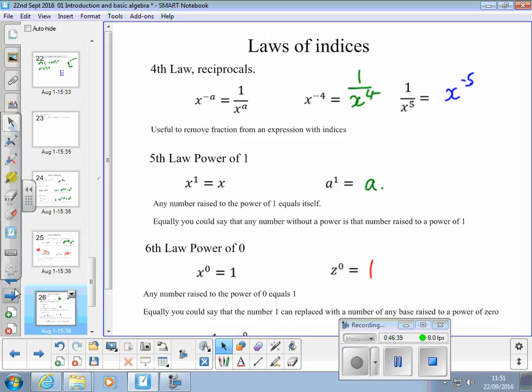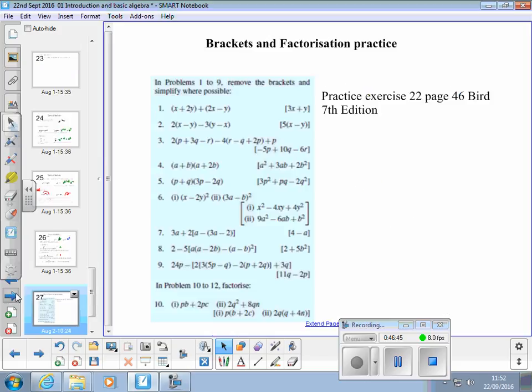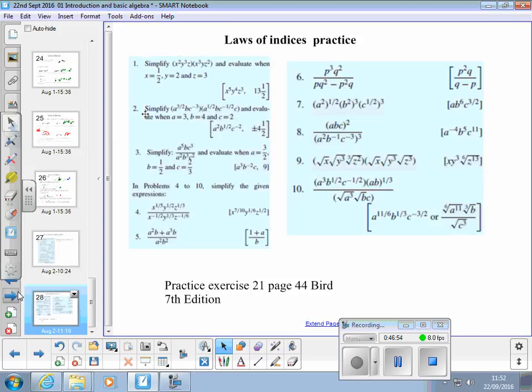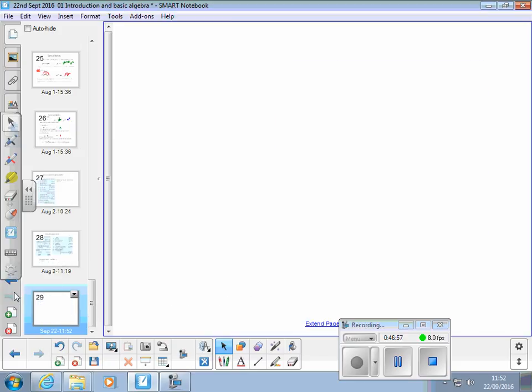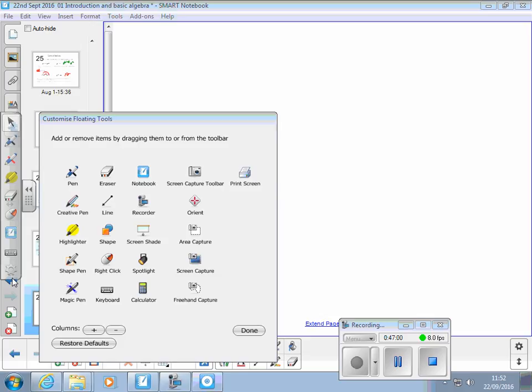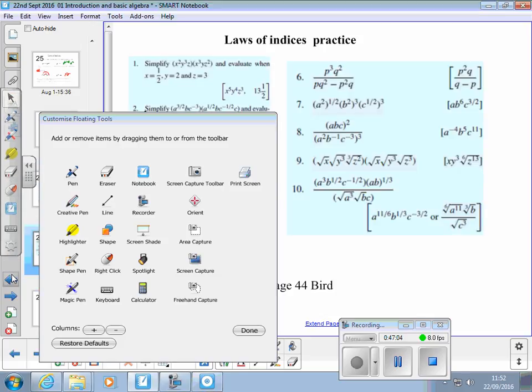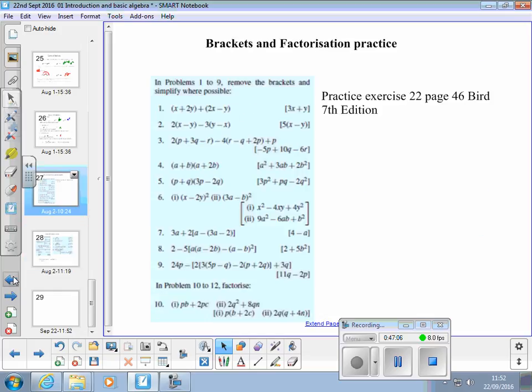All happy and comfortable with those laws? And the more you use them, the more you'll remember them and not have to look back and find them. Alright? On the next couple of pages of your notes, these are problems extracted from the John Bird book that I pointed out to you at the beginning of the session. There's a page of practice exercises.